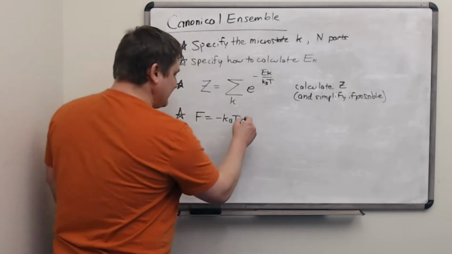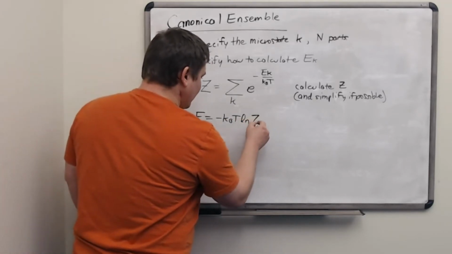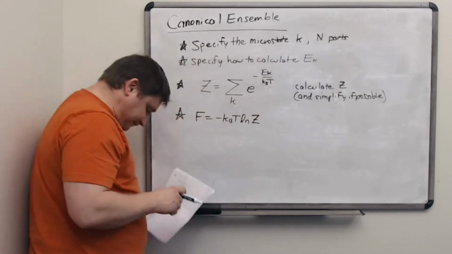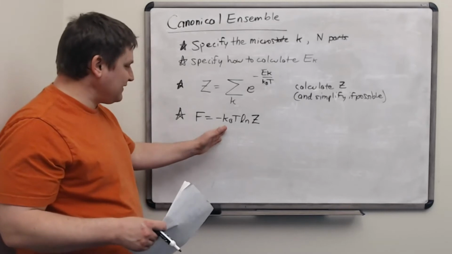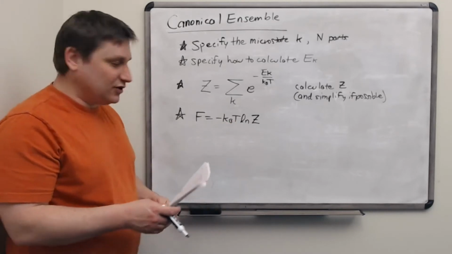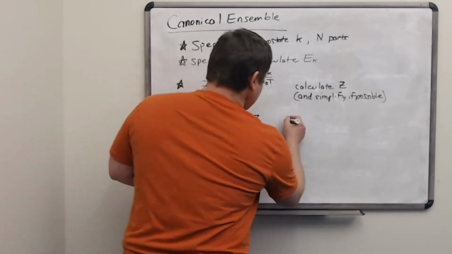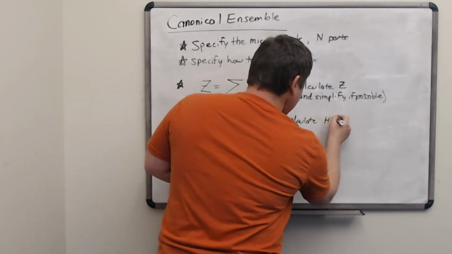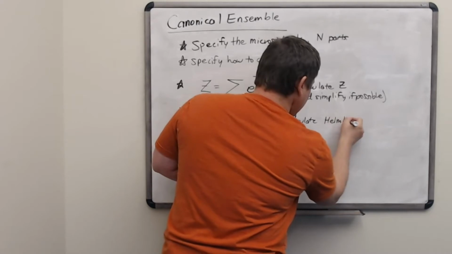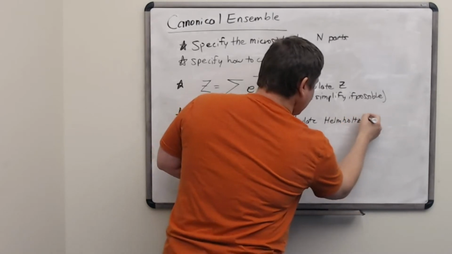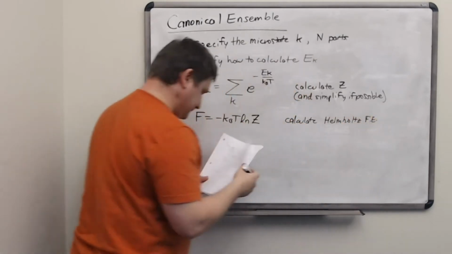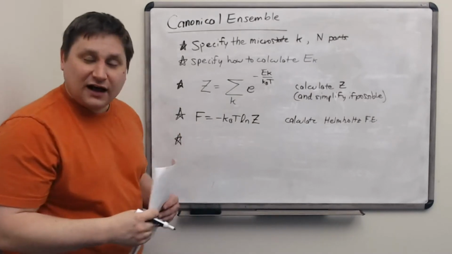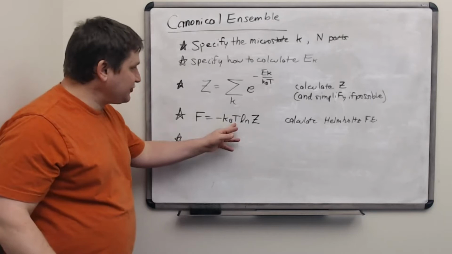And once you do that, then you calculate the Helmholtz free energy F using the formula F equals minus Boltzmann's constant times temperature times the natural log of Z. So we calculate the Helmholtz free energy. So this Helmholtz energy is in terms of temperature.